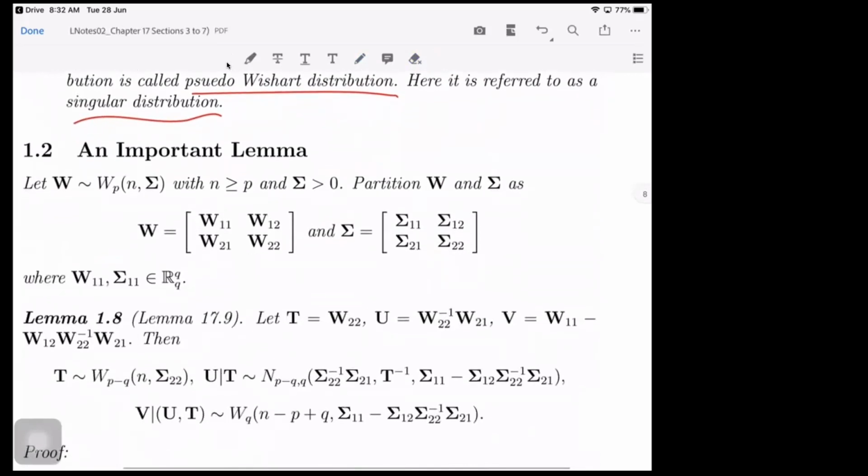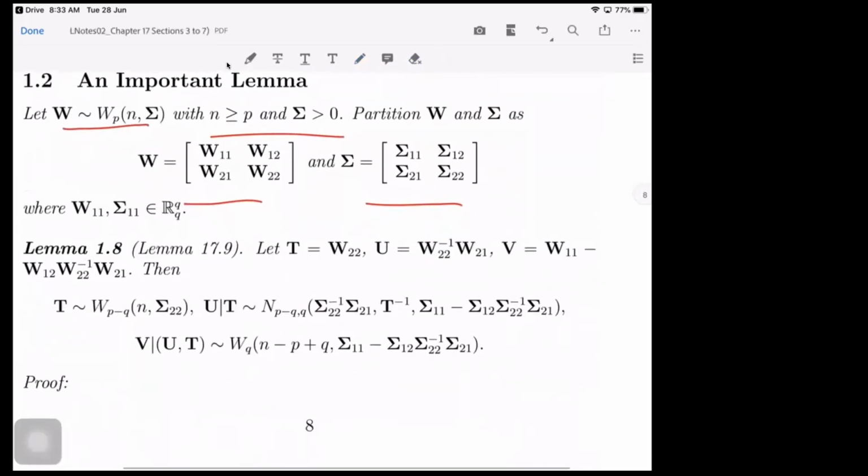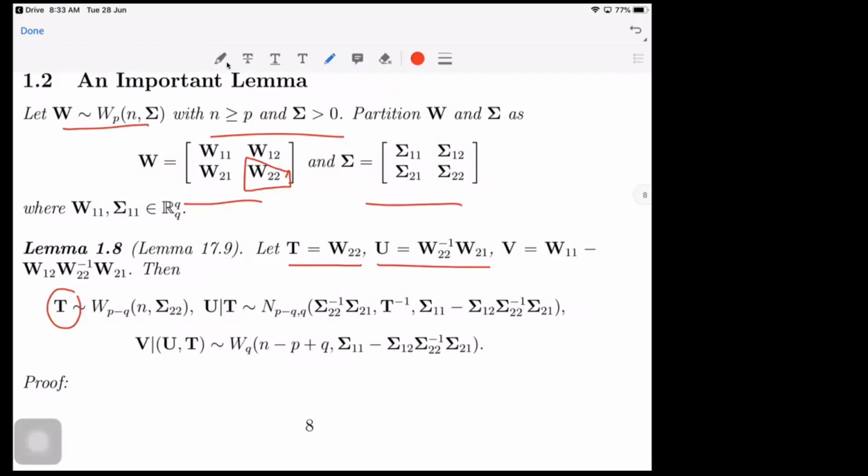Now, for this important lemma, it starts with a W, which is Wishart with these conditions here, and we partition it in this manner. It tells you the different distributions of T, where T is your entry W22. U is the product of W22 inverse W21.